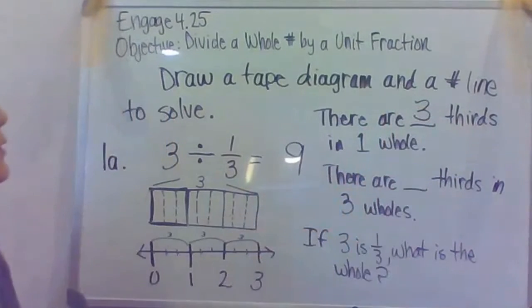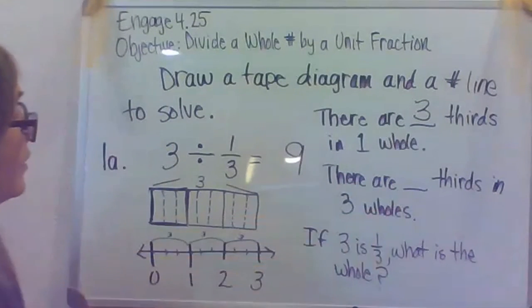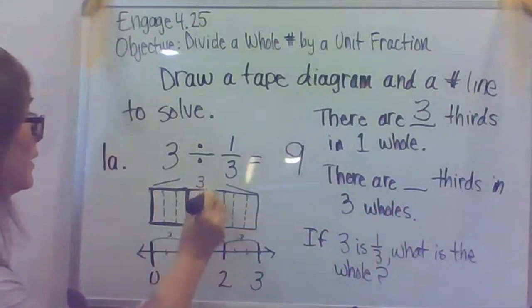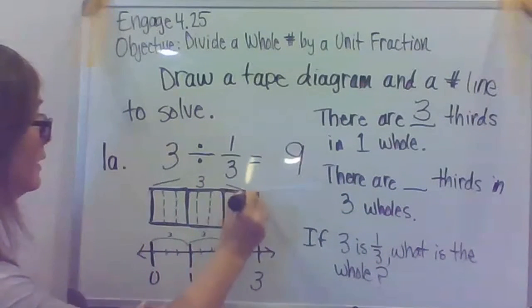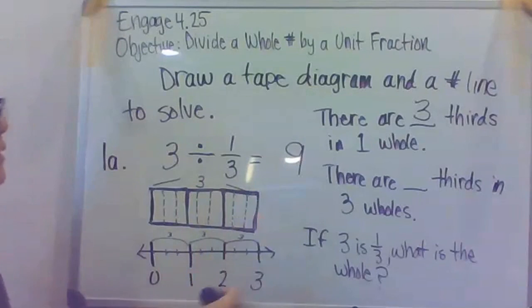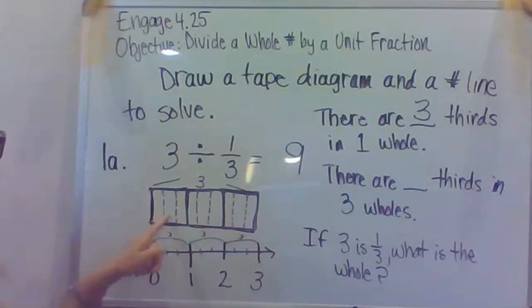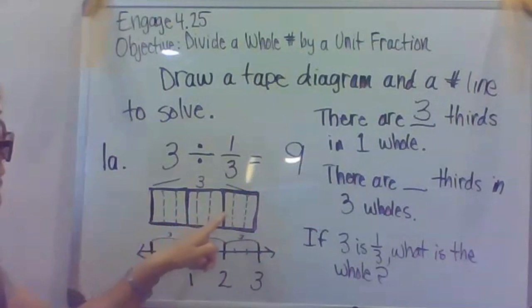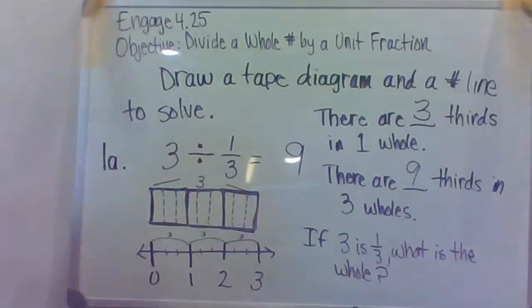So there are 3 thirds in one whole. Then they're going to ask you, there are blank thirds in 3 wholes. Well, here's the one whole, here's the second whole, and here's the third whole. How many thirds altogether in those 3 wholes did we see? 1, 2, 3, 4, 5, 6, 7, 8, 9. There'd be 9 thirds in those 3 wholes.